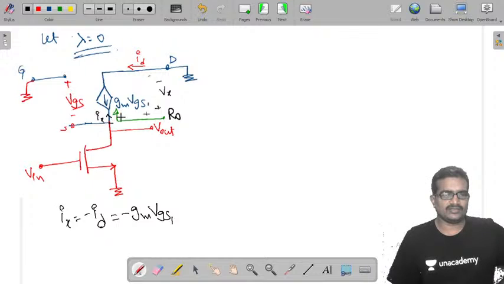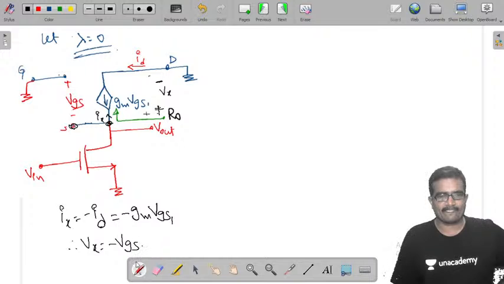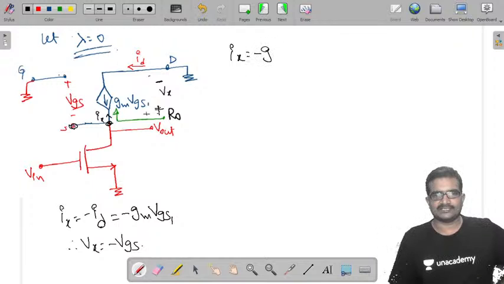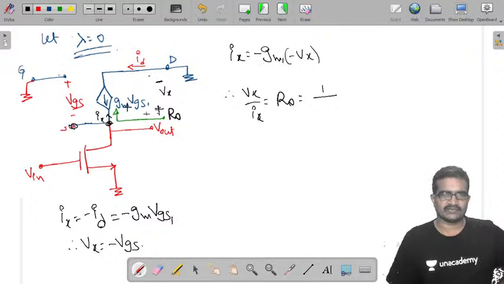We need the voltage at this point with respect to ground, that is Vx you are calling, but the voltage at this point with respect to ground is minus VGS. Therefore Vx is nothing but minus VGS. Now we can write Ix is minus Gm into VGS1, which is minus Vx. Therefore Vx by Ix is R naught, which is 1 by Gm1, of the first device.